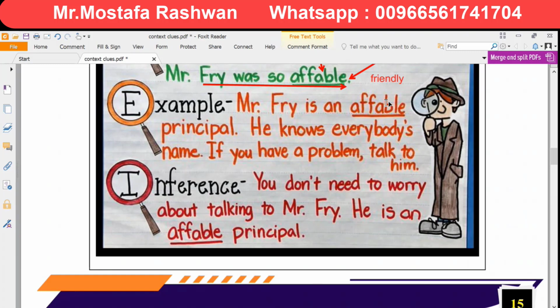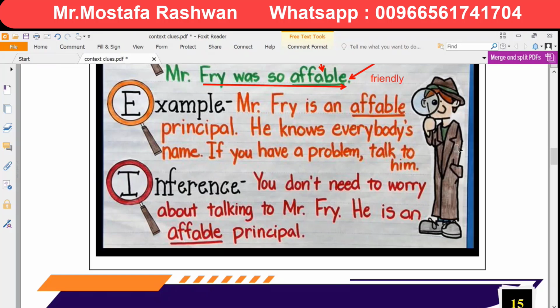Giving examples is a helpful way to make readers understand. He knows everybody's name. If you have a problem, talk to him.